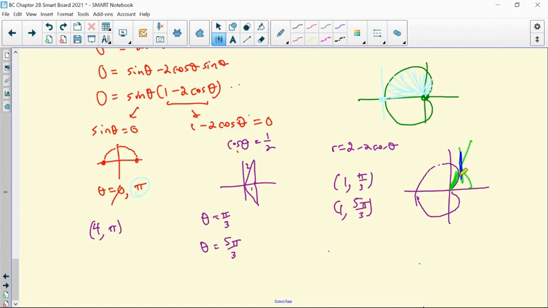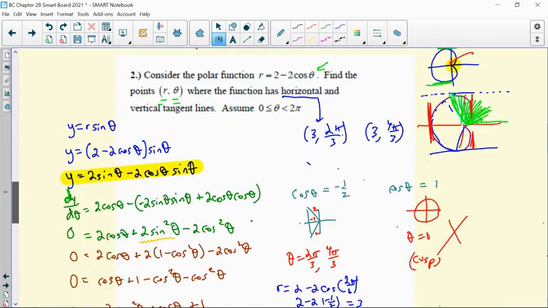And then, again, keep coming around, and at 300 degrees, I'd have another one right there. So there are 3 points where there's a vertical tangent line. There are only 2 points where there was a horizontal tangent line. There was 1 point that was extraneous, and then there are 0 examples left because that was a long one.